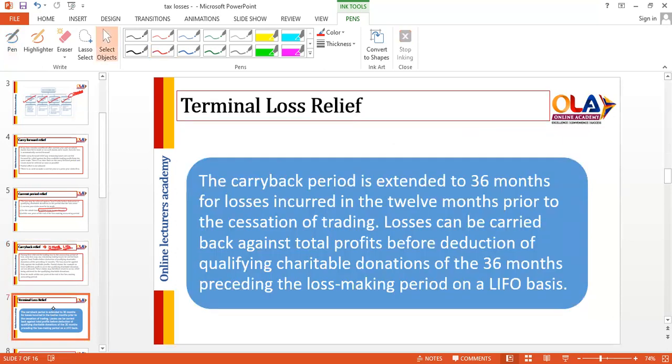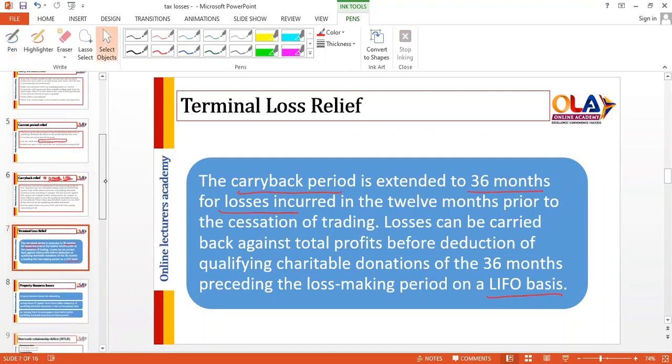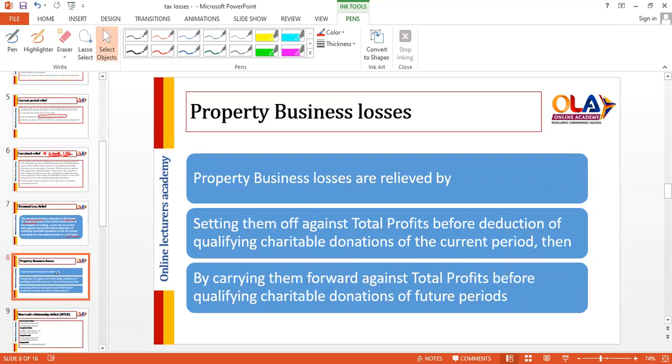Now, as far as terminal loss, the fourth one, is concerned, the carry back method is used, but the period is now 36 months rather than 12 months. The order will remain the same. So these are the four methods through which you can offset the trading losses.